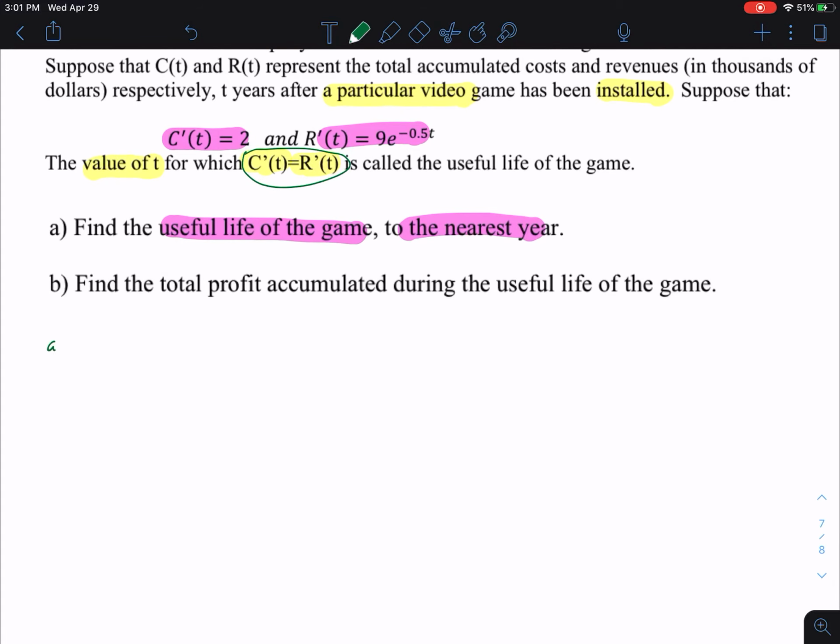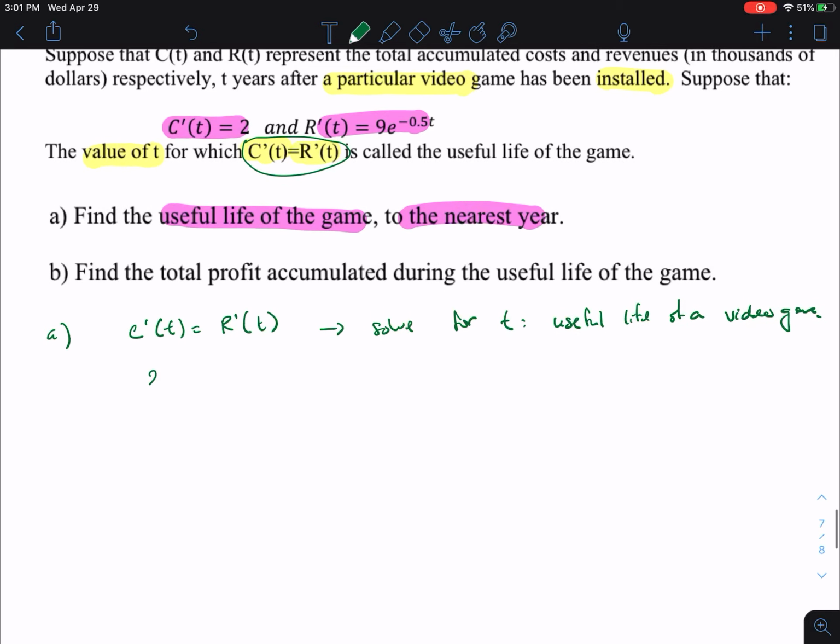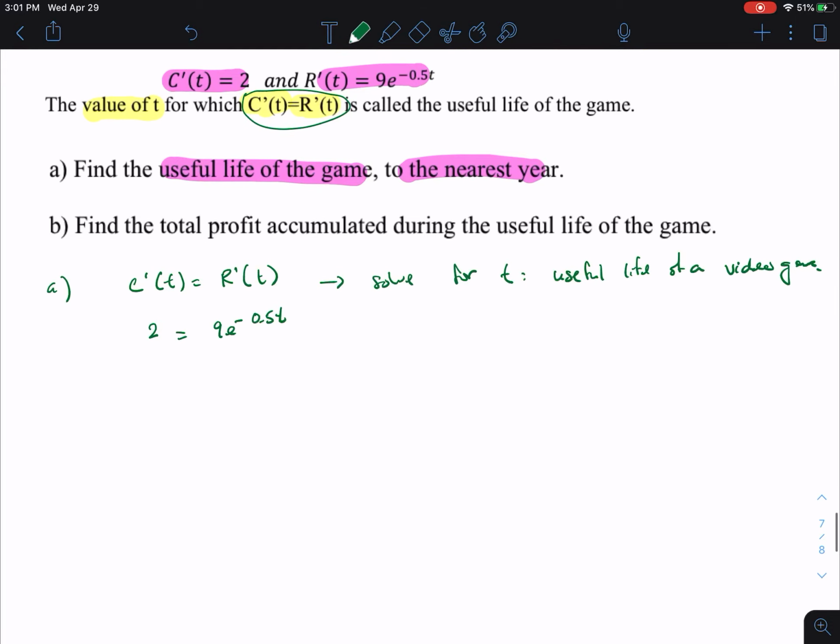For part A, we set C prime of t equal to R prime of t, solve for t, and then this t is called the useful life of a video game. C prime of t is 2, R prime of t is 9e^(-0.5t). Let's divide both sides by 9, so we get 2/9 equals e^(-0.5t).